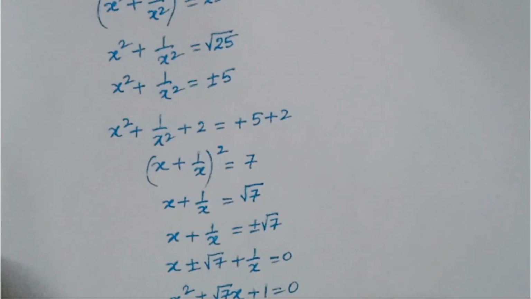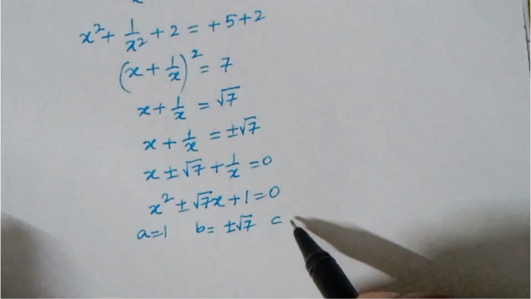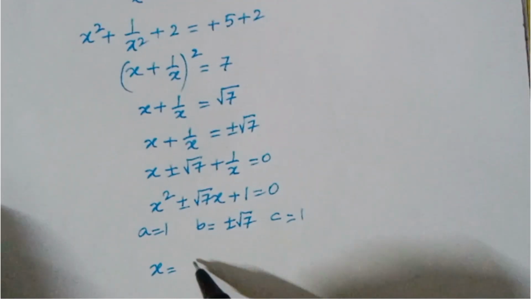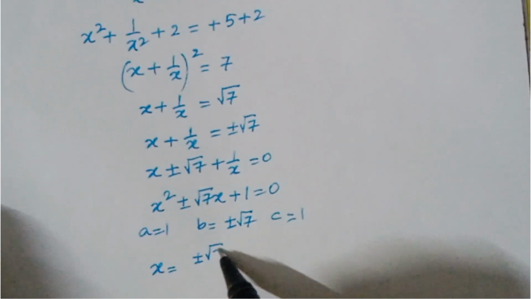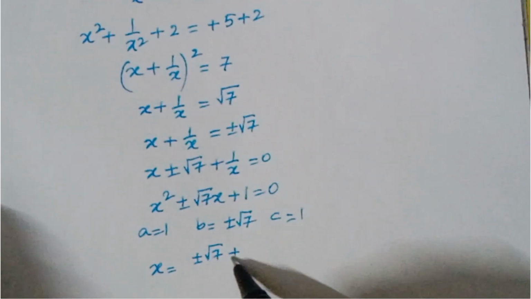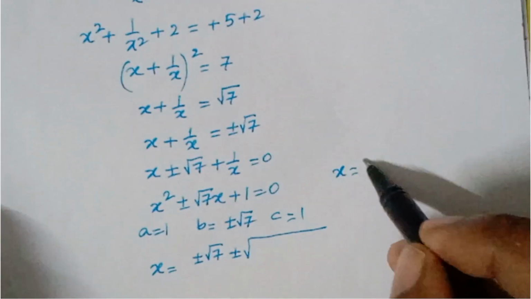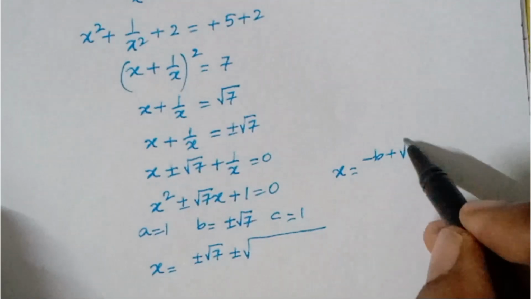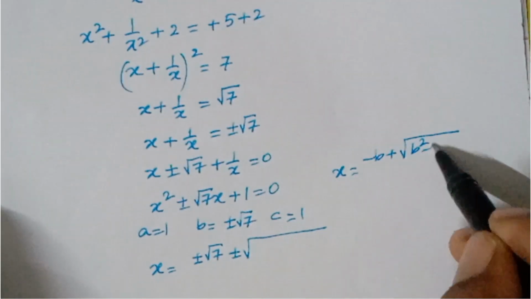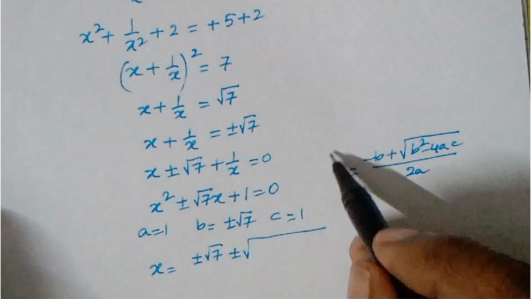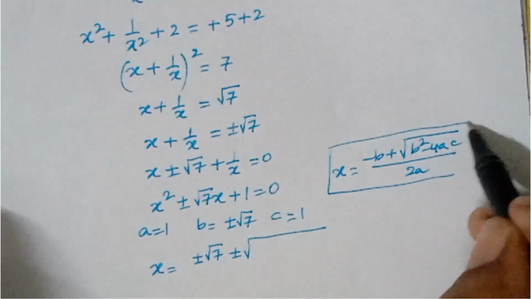Here a value is 1, b value is plus or minus root 7 and c value is equal to 1. To find the x value, we use the formula minus b plus or minus root of b square minus 4ac by 2a. This formula you are using to complete this problem.